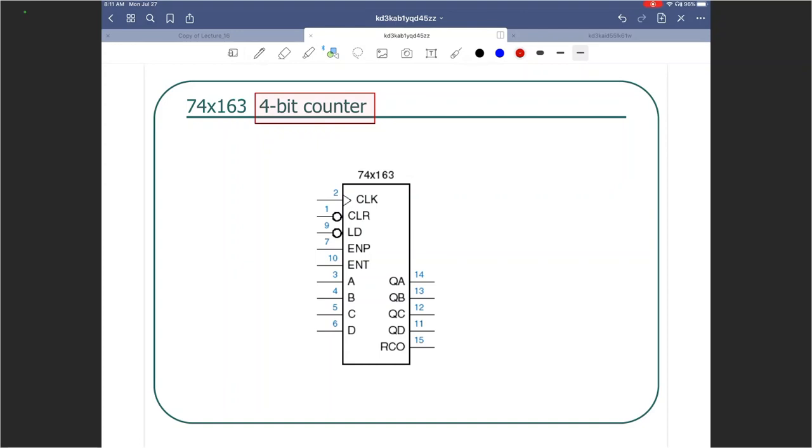So the schematic of the chip is shown to you. There are lots of inputs. Let's go through them one by one. First of all, we have a positive edge triggered clock. I'm going to go this way, counterclockwise, and I'll try to describe each and every pin here.